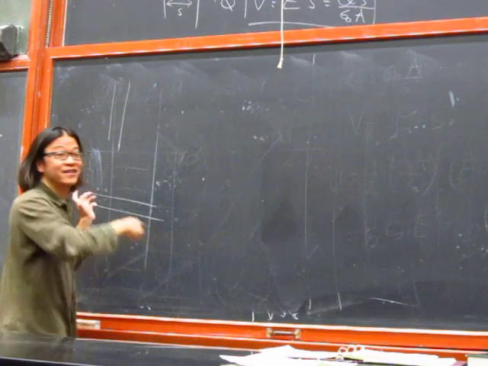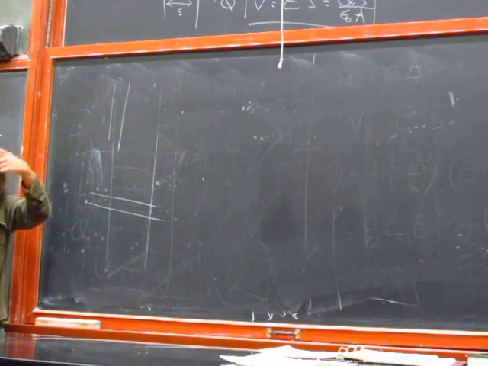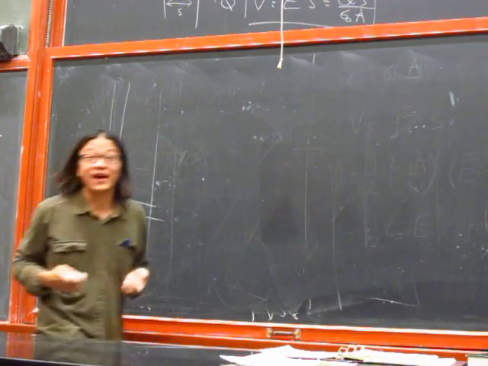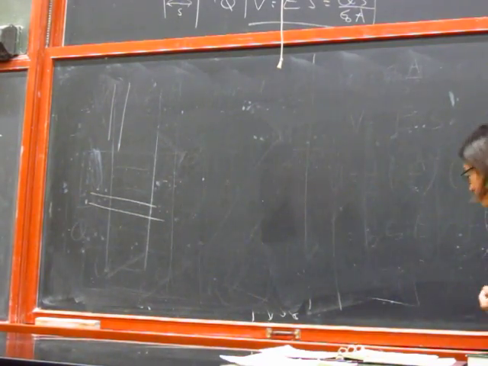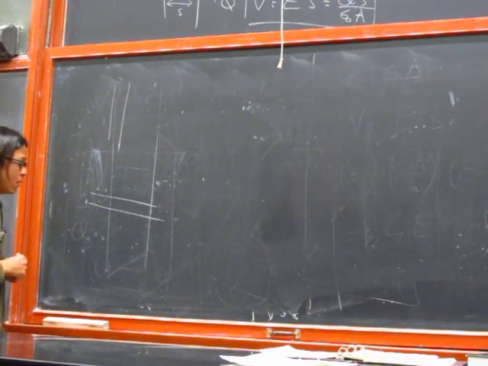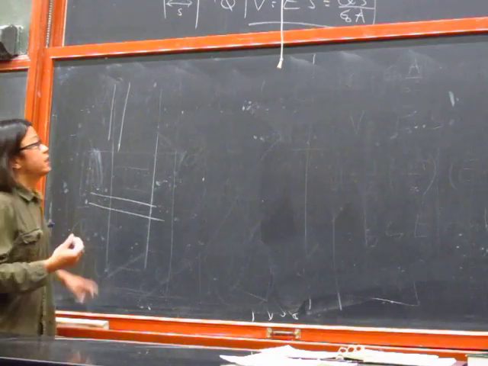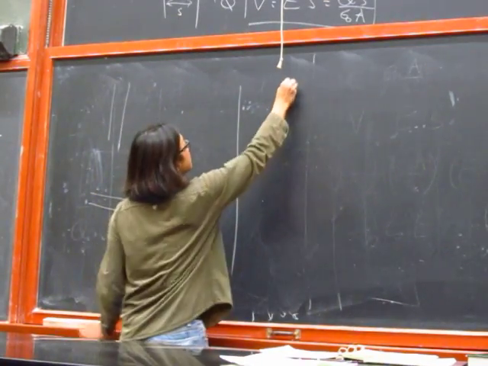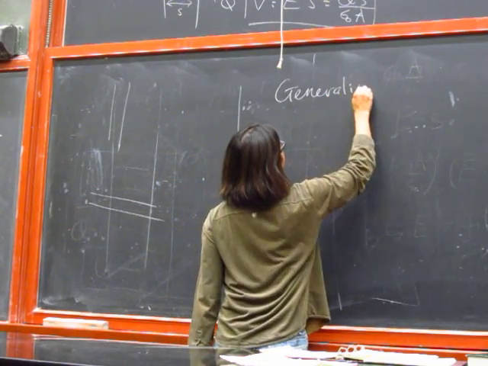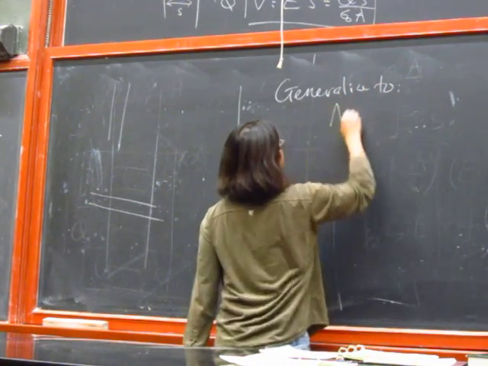You take a sheet and then 2 parallel sheets, and then you roll it into a small volume. Most capacitors are like that. Right? But I want to generalize this into the capacitance of any two-conductor system.